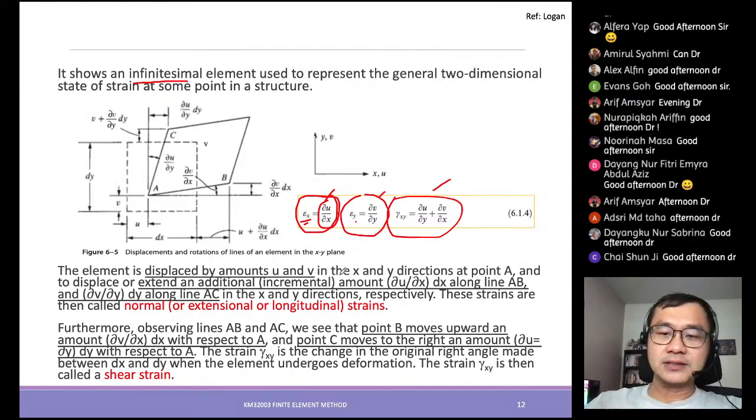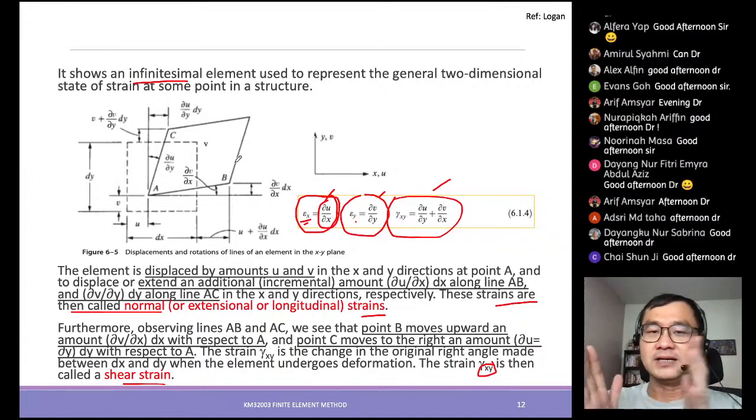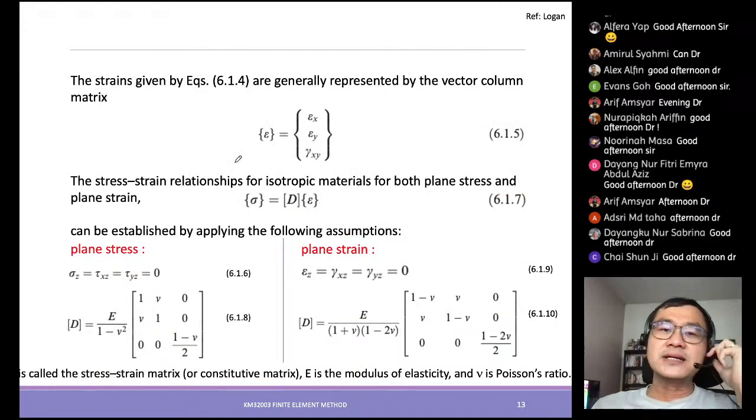Here we call this the normal strain, whereas the other one we call the shear strain, which causes the elements to change shape instead of elongate. So back to the strain again.